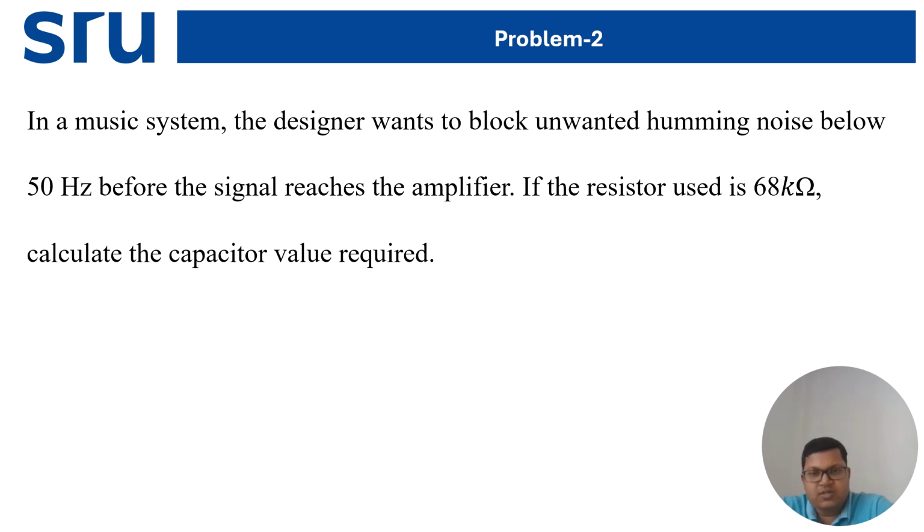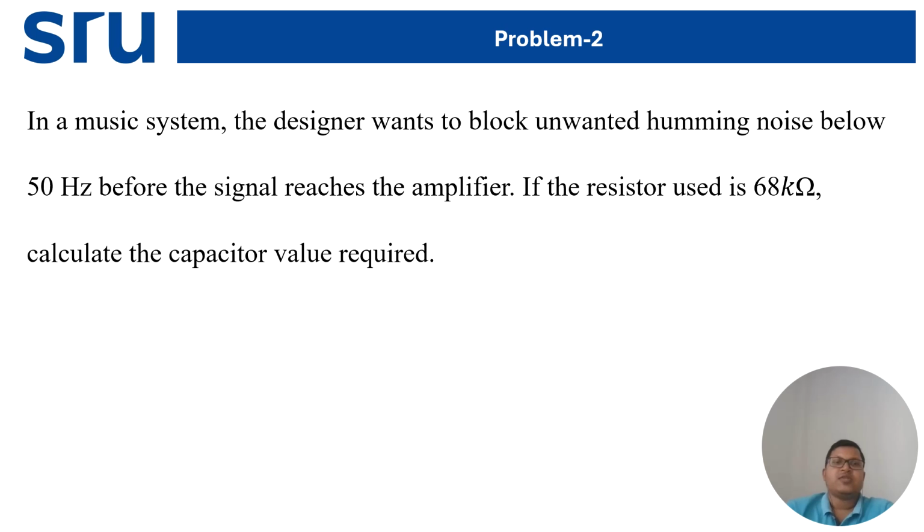Like the opposite thing. Just now I explained that if the resistor value is given, we can find the capacitor value. If the capacitor value is given, we can find the resistor value, provided that we know the cutoff frequency. Anyway, for this problem, let's understand the scenario first.